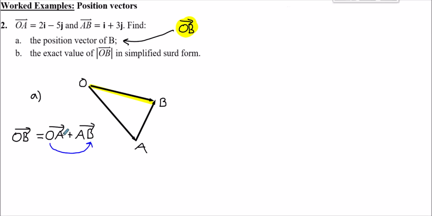So if the end letter is the same as the beginning letter that we're adding on to, these two, in a very loose way, cancel each other out. So we just go from O to B overall. That's something to look out for in terms of realizing quick ways of doing it without having to draw diagrams. So OA, we've got OA here. OA is 2i minus 5j.